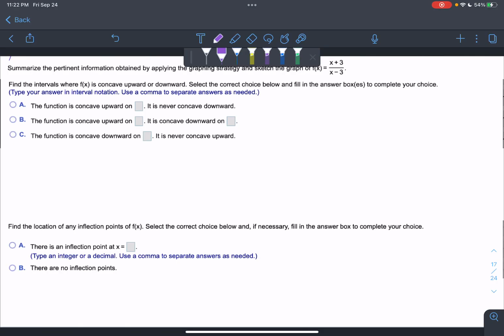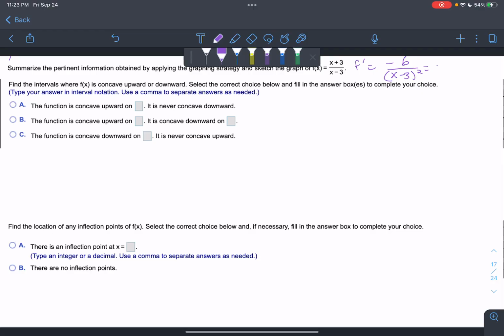Okay. So concave up and down, and then inflections, so that means we're going to need the second derivative. I'll put the first derivative up here that we just found. Negative 6 over x minus 3 squared.